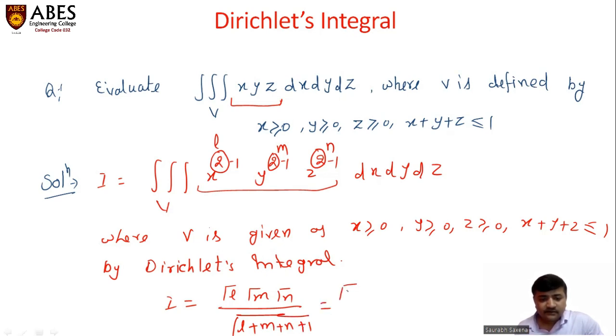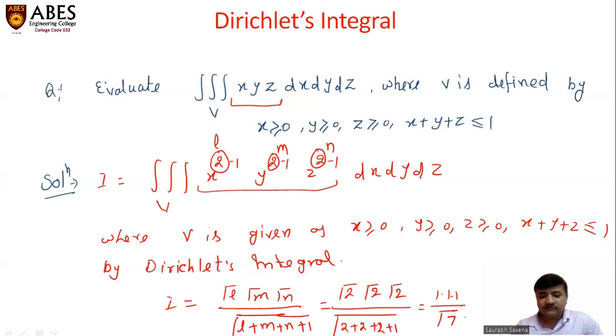That is gamma 2, gamma 2, gamma 2 divided by gamma 2 plus 2 plus 2 plus 1. Now value of gamma 2 is 1. So it is 1 into 1 into 1 upon gamma 7. And gamma 7 is factorial 6.